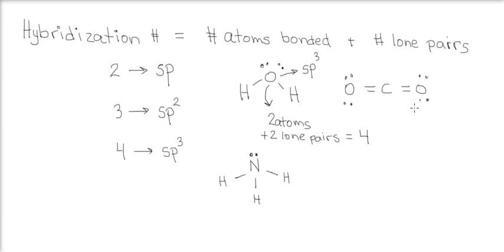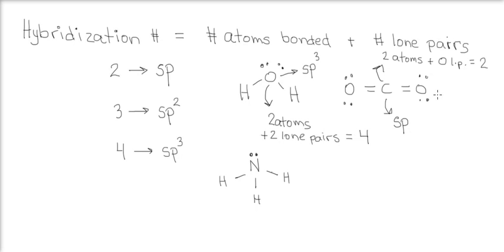If we do this for carbon dioxide, we will see that this carbon atom has 2 atoms bonded and 0 lone pairs. So its hybridization number is 2, which indicates that the carbon is sp hybridized.